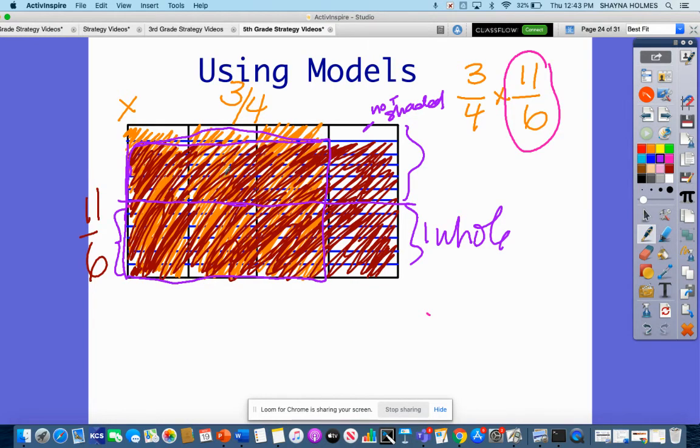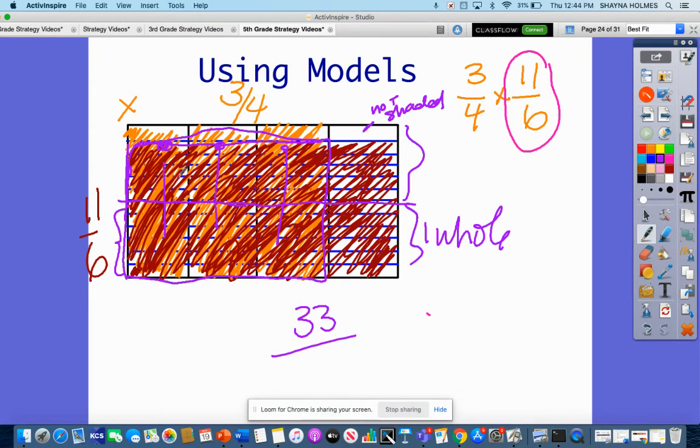I have these pieces that are shaded twice. So this is 1, 2, 3. You can tell I got one row here, one row, and then one row here. So that gives me 3 rows of 1, 2, 3, 4, 5, 6, 7, 8, 9, 10, 11. 3 rows of 11, so 33 pieces.